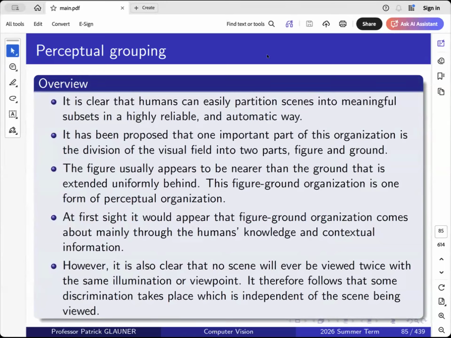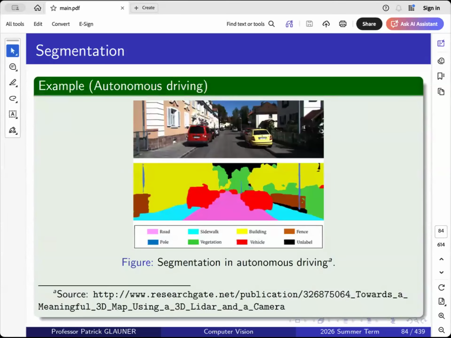For example, segments can be built when pixels fit together, maybe based on their color or based on their intensity. That could be some approach, or we could try to find some specific shapes in the segments. Maybe we want to keep pixels together with a constraint that we want rectangles or squares or circles. Something like this could be an approach for segmentation.